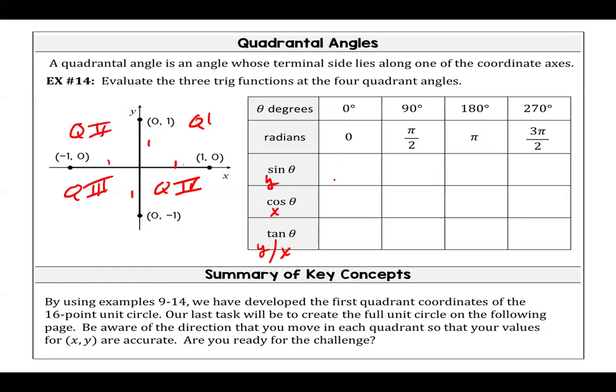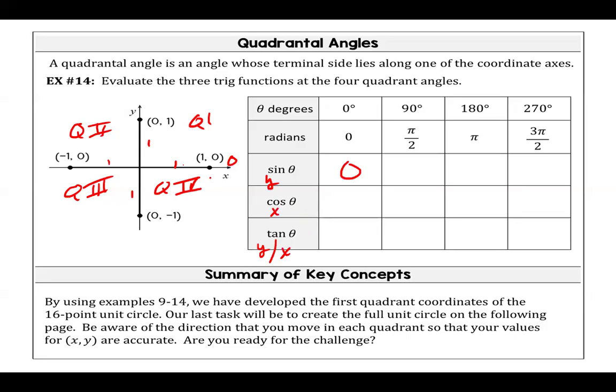So the sine of 0. What is the sine of 0? This is 0, guys. Sine of 0 is 0, because you're looking at the what coordinate? Y. And what is the y coordinate? 0.